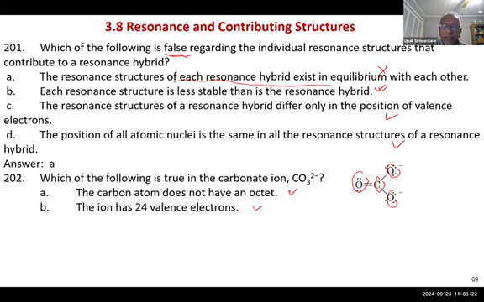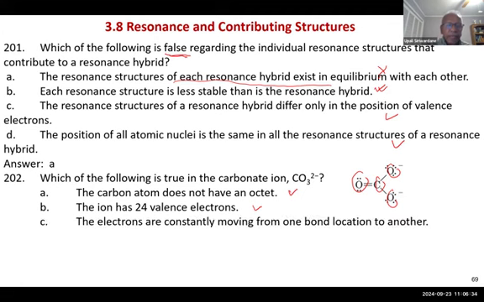When you add up all the dots and lines with 2 electrons each, it adds up to 24. The electrons are constantly moving from one bond location to another? Now that's the idea. I think we thought it was correct. They are distributed according to our hybrid, but they are not moving from one location to another.